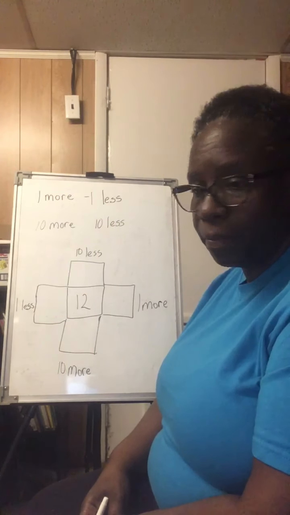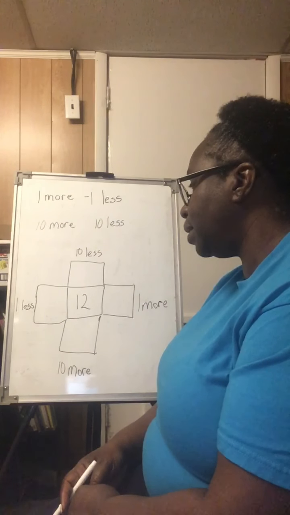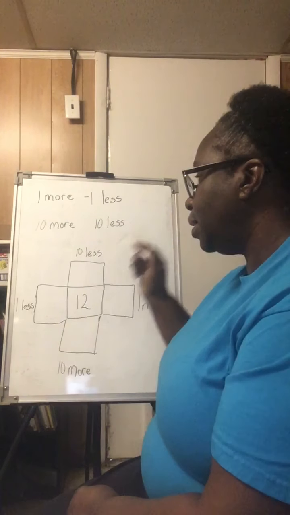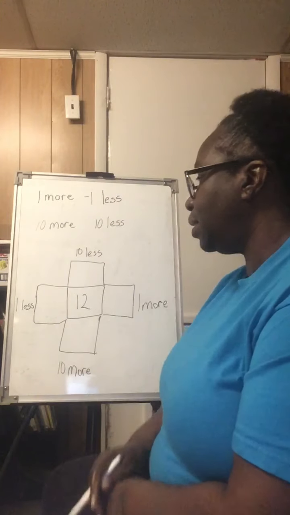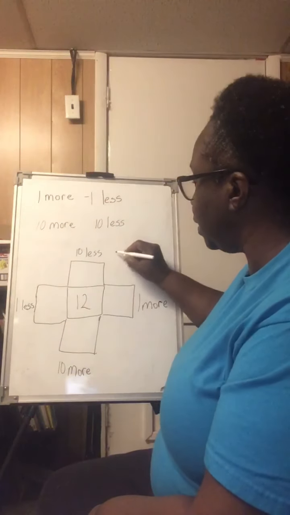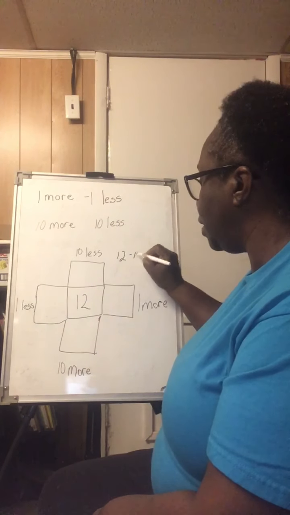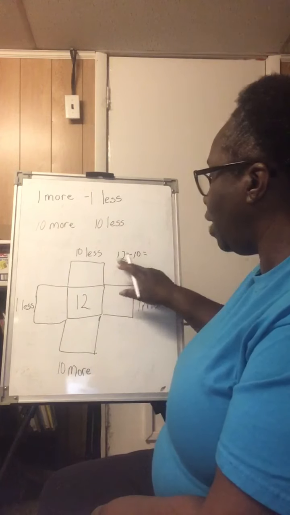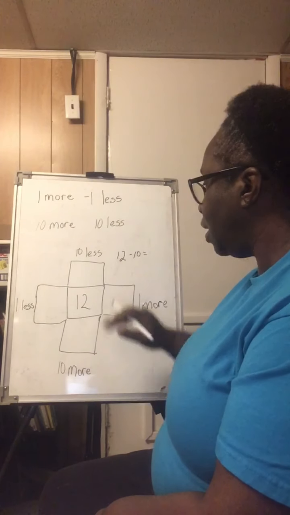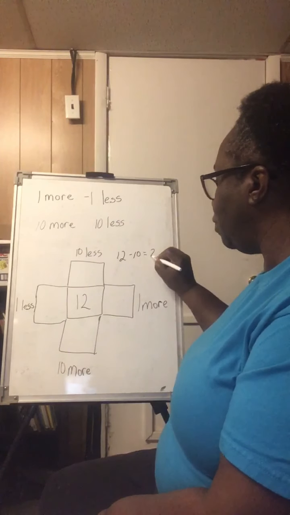Okay. So what is 10 less than 12? That's the same thing as saying 12 minus 10. And if I had 12 minus 10, what would that leave me? Right, it'll leave me 2.